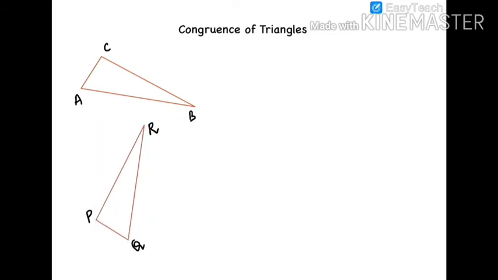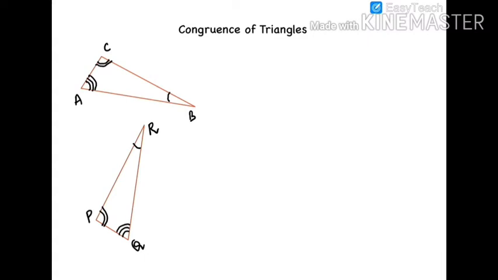So by overlapping, we found that angle B is equal to angle R, angle C is equal to angle P, and angle A is equal to angle Q. Also, side AC is equal to side PQ, AB is equal to QR, and side CB is equal to PR.